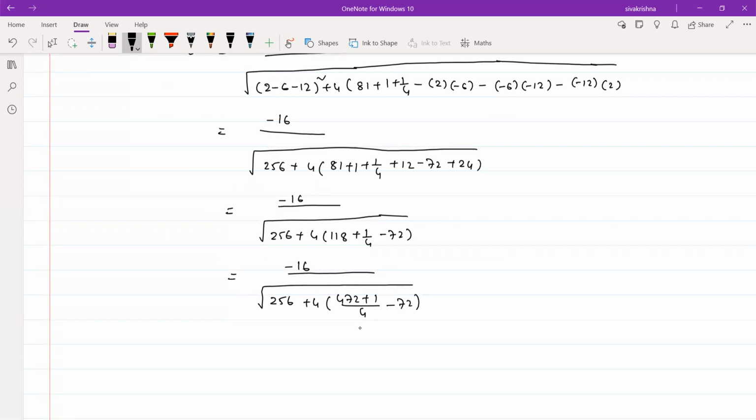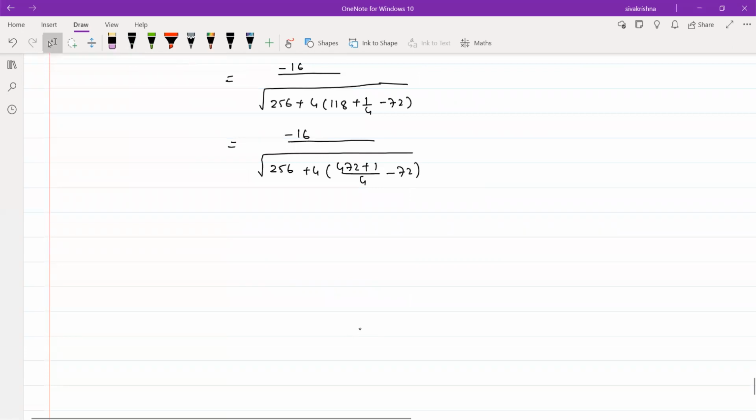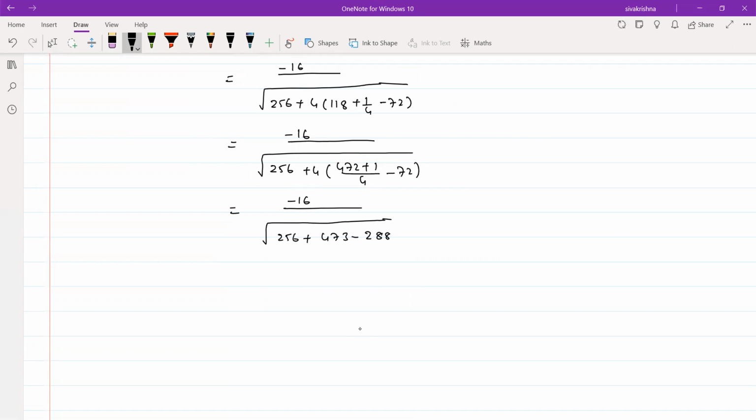Once again, further simplification we get minus 16 by square root of 256 plus, multiplying this bracket term with 4, the 4 gets cancelled, so we get 473 minus 472, and if we multiply 4 with minus 72, we get minus 288.